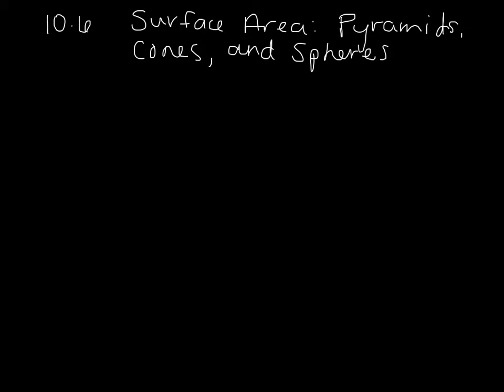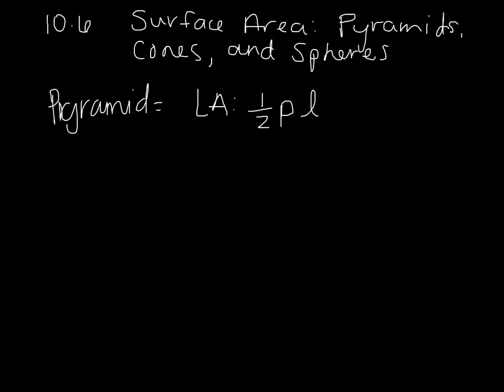Okay, so in order to find the surface area of a pyramid, we need to first find, again, the lateral area, which is 1/2 times the perimeter of the base times the length. What that's going to look like is if I have my square pyramid here, there's my back, there's my front.